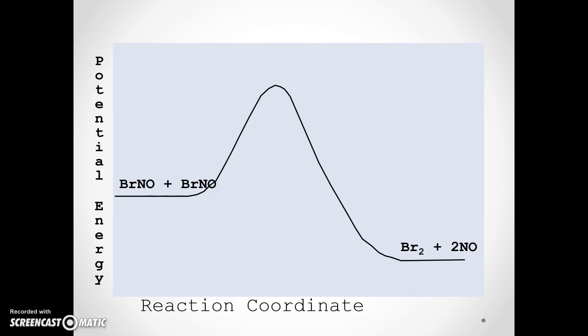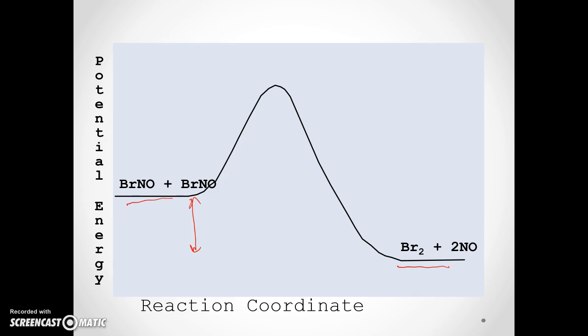This ends up with lower energy than it started with. From left to right, just looking at the absolute value of the left side and the right side, we can see that the left side is higher than the right side.